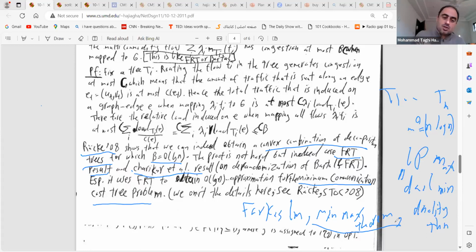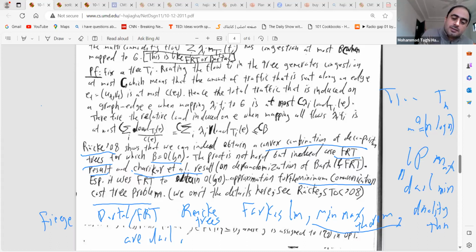And what did Feige show? Feige showed that these Bartal trees, or Bartal FRT, and the Rake embedding are dual of each other. Essentially, you can get Rake using this min-max theorem, or Farkas lemma, or duality theorem.